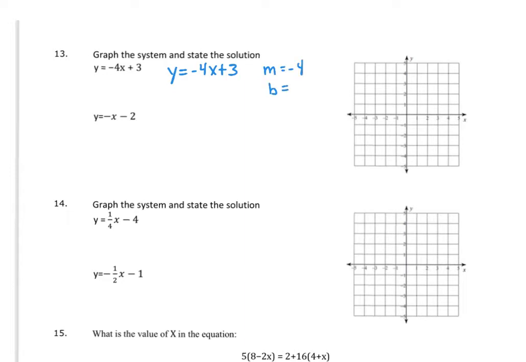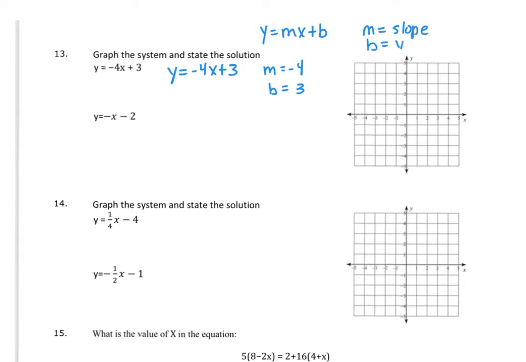Our y-intercept is 3. Go ahead on the top of this page, write y equals mx plus b again. Anytime we're going to graph equations, we want to put them in that slope-intercept form where m is my slope and b is my y-intercept.